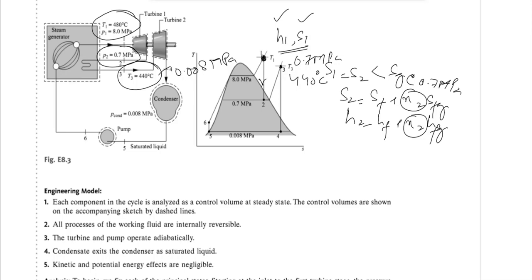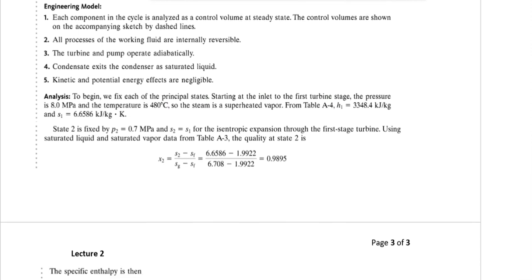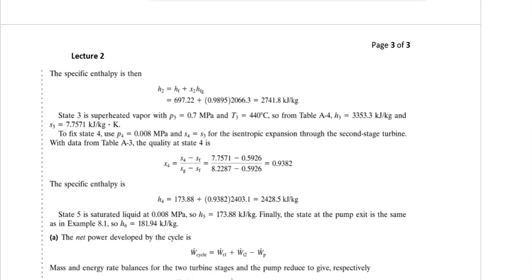So that means 440 degrees centigrade is in a superheated region. So going to the superheated steam table at 0.7 and 440 degrees centigrade, we can find the enthalpy value as 3353 and the entropy value as 7.757571.